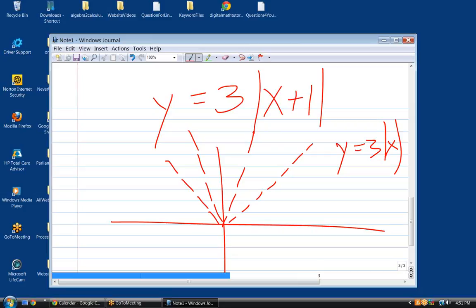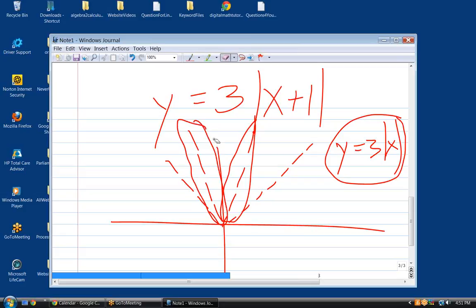So it has the effect of making it skinnier. When x is positive, y is equal to 3x, which is this line here. And when x is negative, y equals -3x, which is this line here.